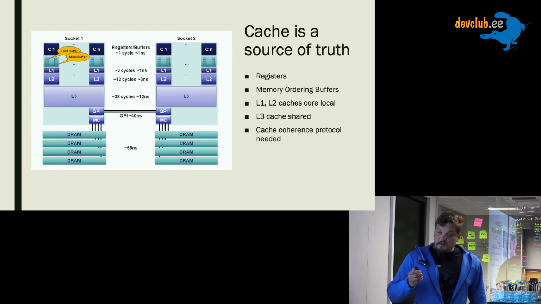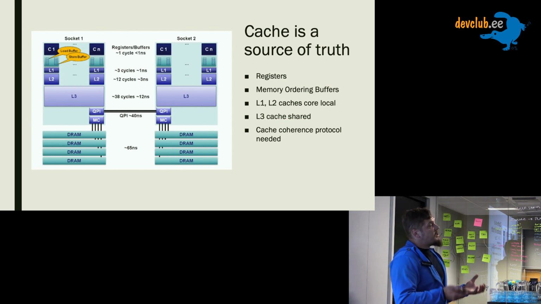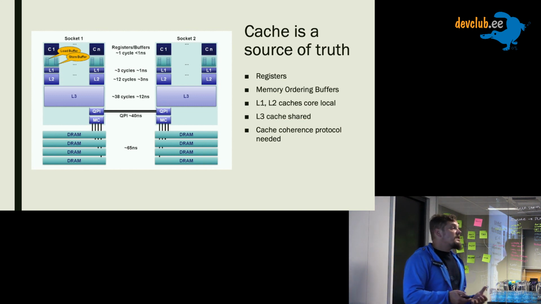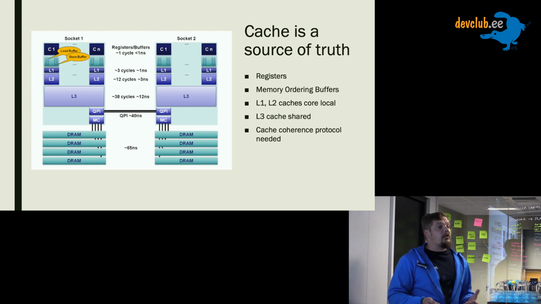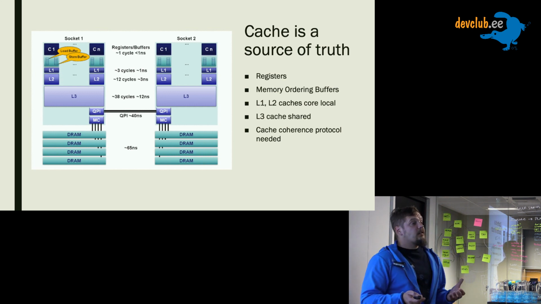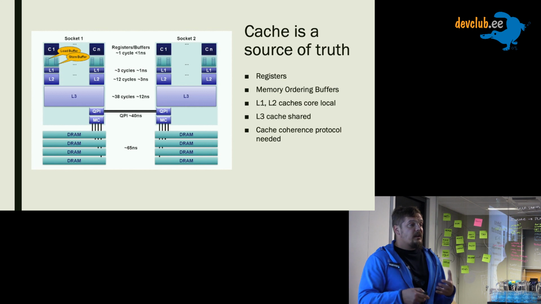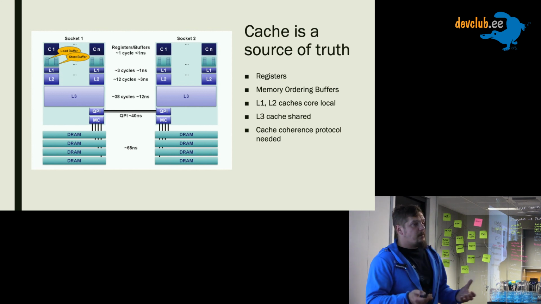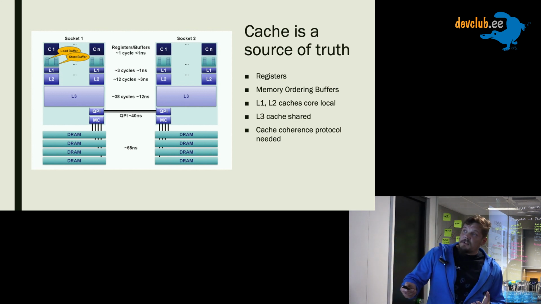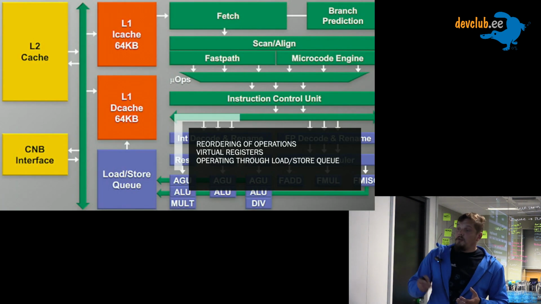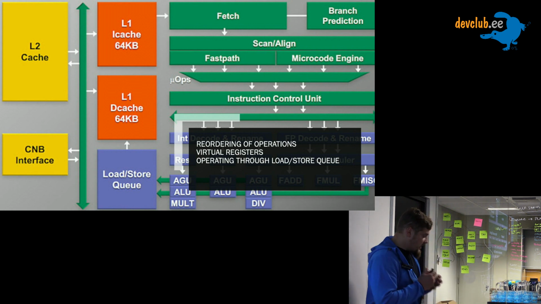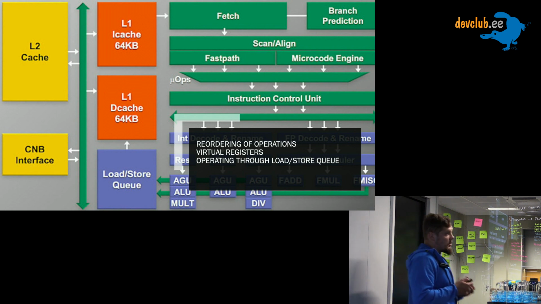And because we have a shared L3 cache, we need to have some cache coherence protocol, which means that it should synchronize or make consistent the memory which is shared among different L1, L2 caches, which are local to different cores. So this is actually a picture of one core's internals.